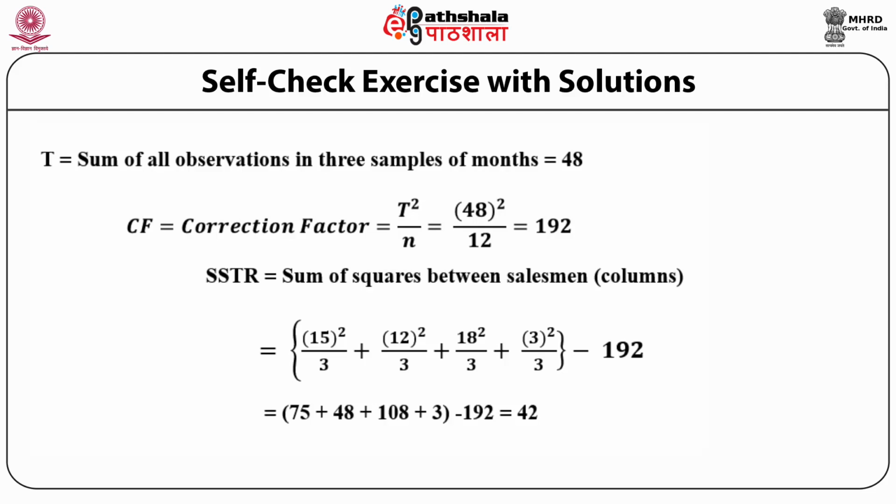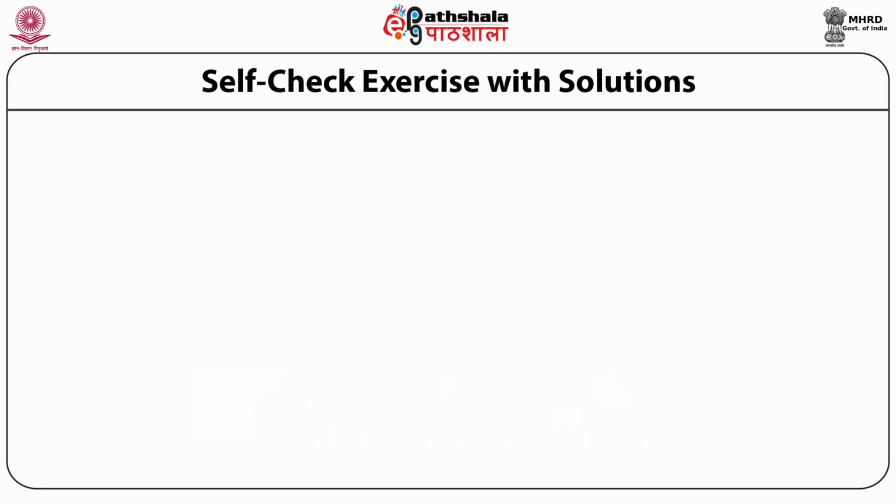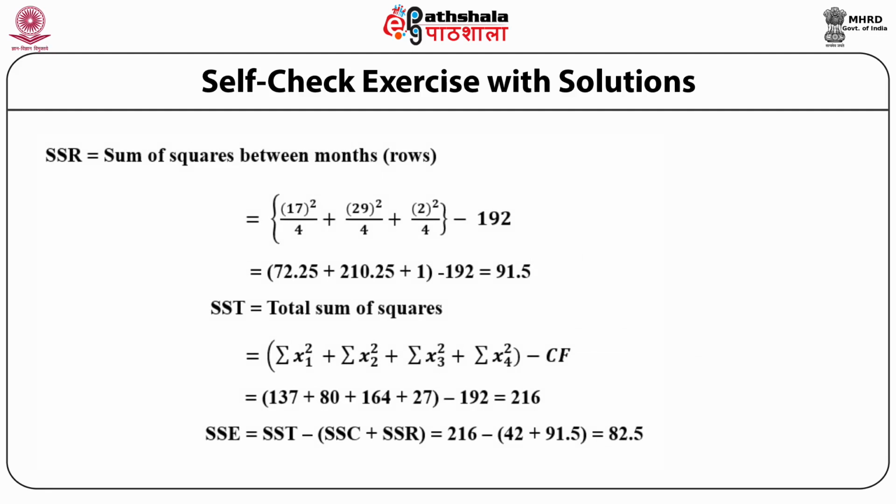Now to find the sum of squares between the salesmen, that is columns, we add 15 square upon 3 plus 12 square upon 3 plus 18 square upon 3 plus 3 square upon 3, and then subtract the correction factor, that is 192, and it gives the SSTR value as 42. Then we find the sum of squares between months, that is rows.